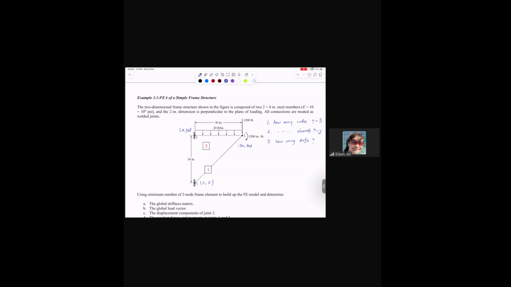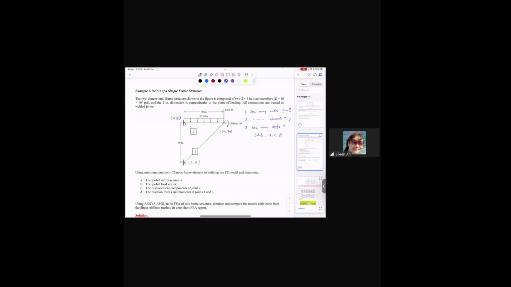This is because we are using the global coordinate system, right? So it's not the local coordinate system. So 3 degrees of freedom. Okay, so the displacements we always say u, v, and the rotation angle theta. Okay, great.